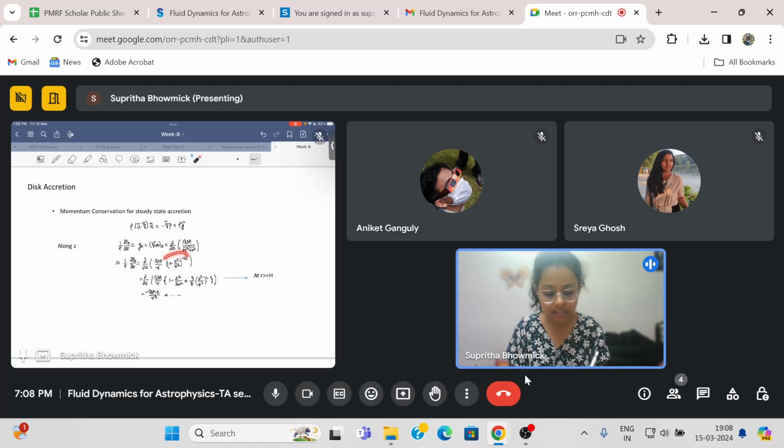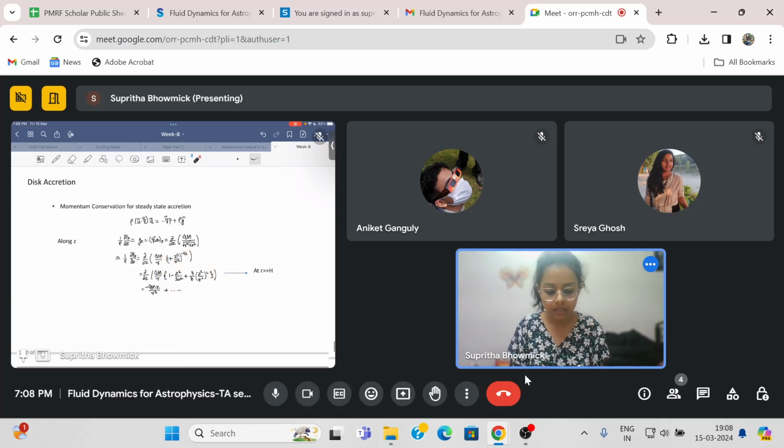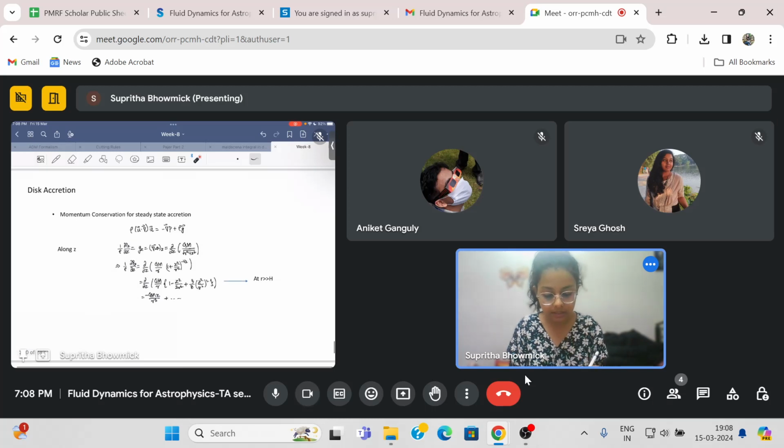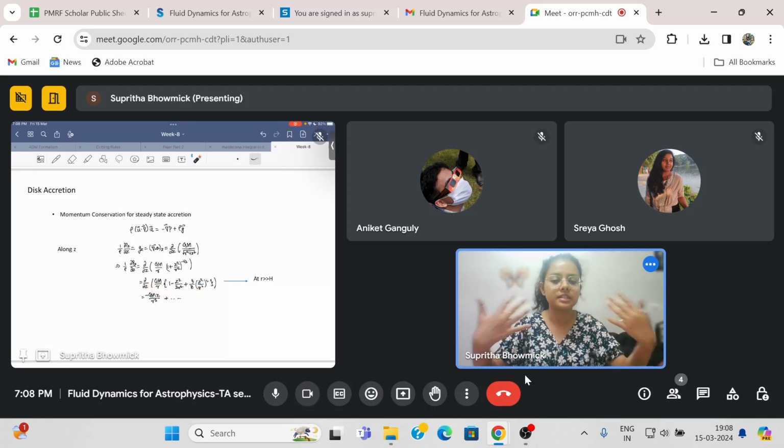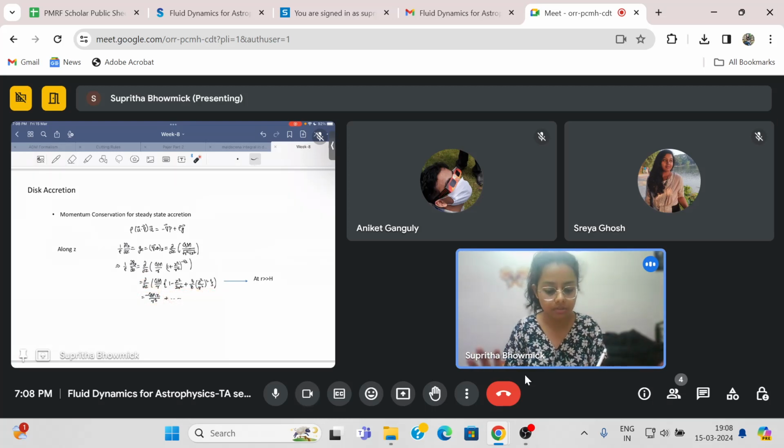In that case, this expansion is possible because this is very small, and this binomial expansion is just this. Then you can act this operator, and this gives you this plus higher order terms in z by r, let's say square, and we ignore those terms.